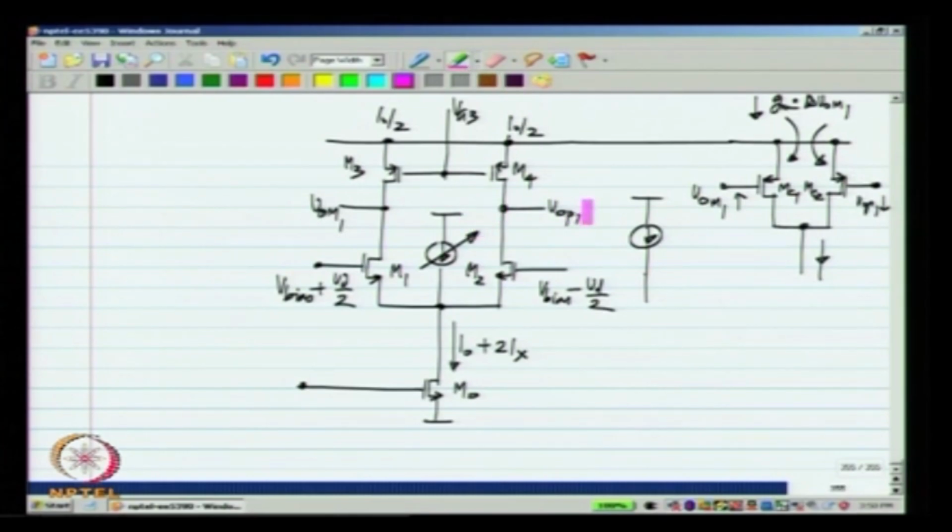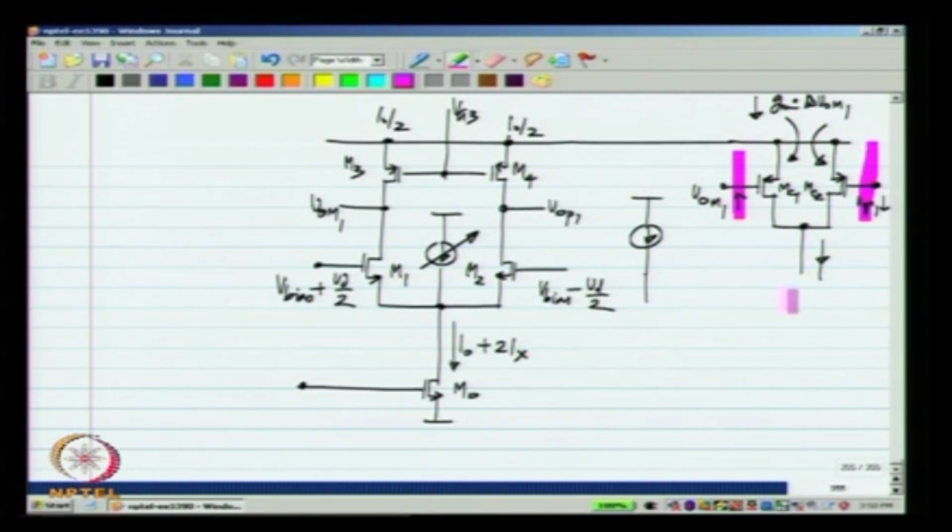Now, what is it that we want here? If VOP1 and VOM1 are too high, that means the currents from M3 and M4 are too much, which is why they are being pulled up. What can we do from here? The total current in M1 and M2 has to increase, and for that this current source has to decrease. If you increase both of these voltages, the total current here will decrease.